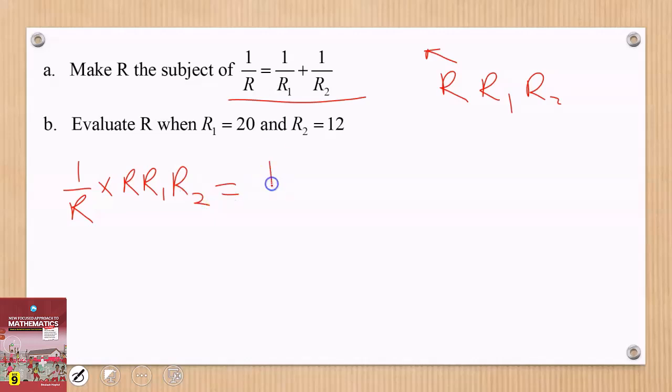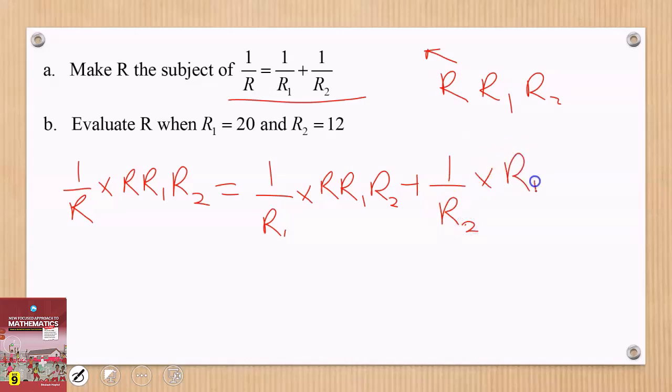This is equal to 1 over R1 also times R, R1, R2 plus 1 over R2 times R, R1, R2. Then we can simplify this by saying that this R can cancel this, so that we are left with R1, R2.